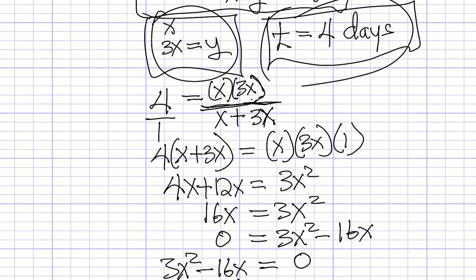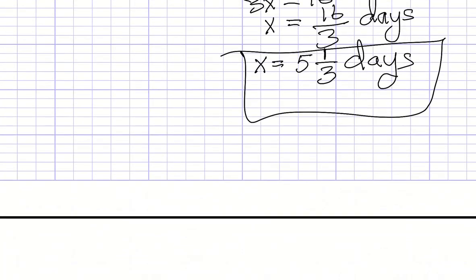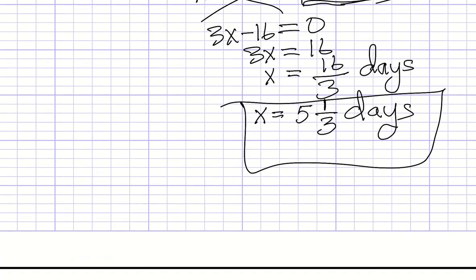If that's the case, then the slower worker would take, you see right here, if they want you to find out, the slower worker would take 3x, that's 3 times 16 over 3, okay?